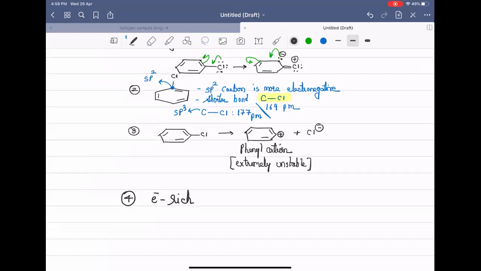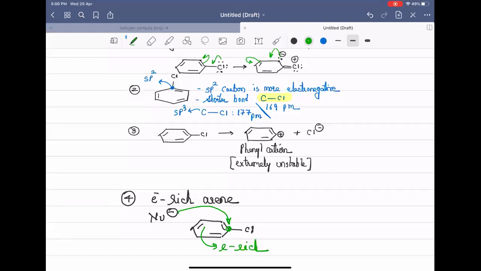The arenes are so electron-rich that a nucleophile would not find it easy to come over from the backside and attack the carbon. If a nucleophile has to do a backside attack, or go close to this carbon here for SN2, it would be very difficult because it has to move over a very, very electron-rich ring.